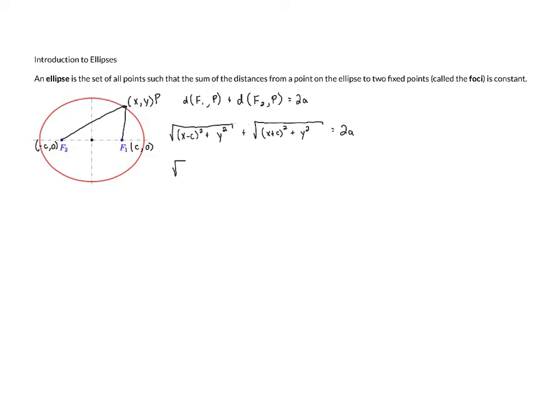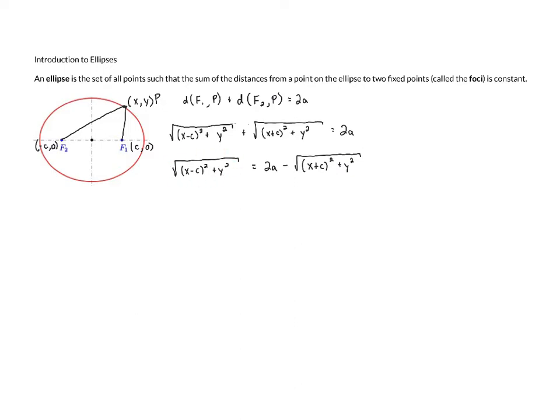When we do that, we're left with the other square root on the left. And then on the right-hand side, we've got 2a minus that other square root. And then what we're going to do is square both sides to get rid of this square root.